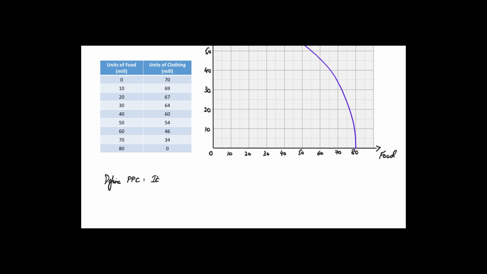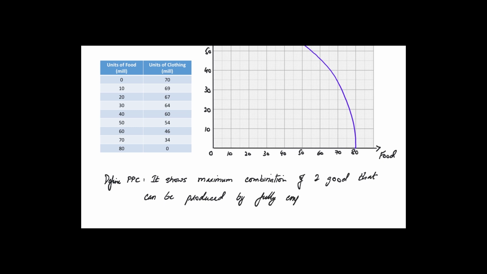A production possibility curve shows maximum combinations of two goods that can be produced by fully employing the given resources. That's your definition for production possibility curve.